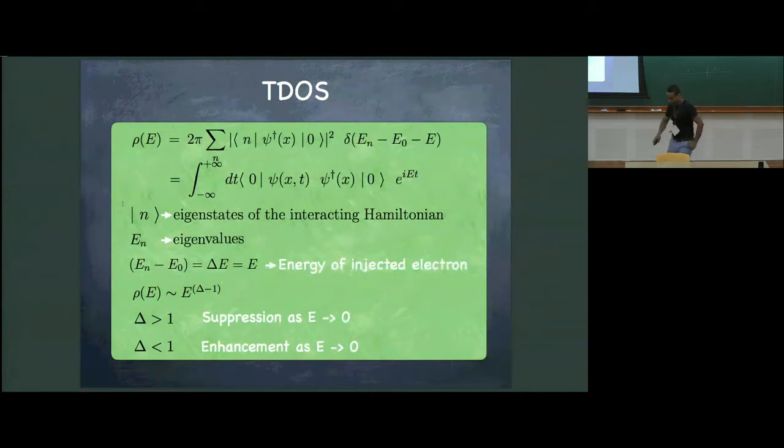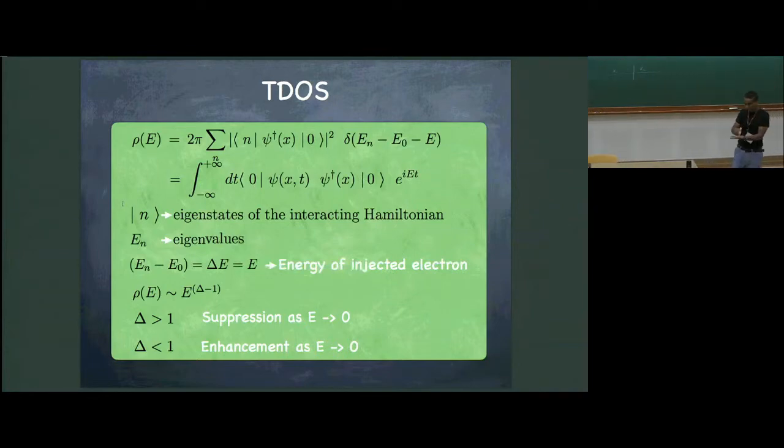So what you are expecting is a 0 bias anomaly. If you're thinking of an STM tip which is trying to inject an electron into this system, then at 0 bias, either you have a peak or a dip. If you have suppression, you will see a dip, and if you have enhancement, you'll see a peak, right? And that's what one is looking for.